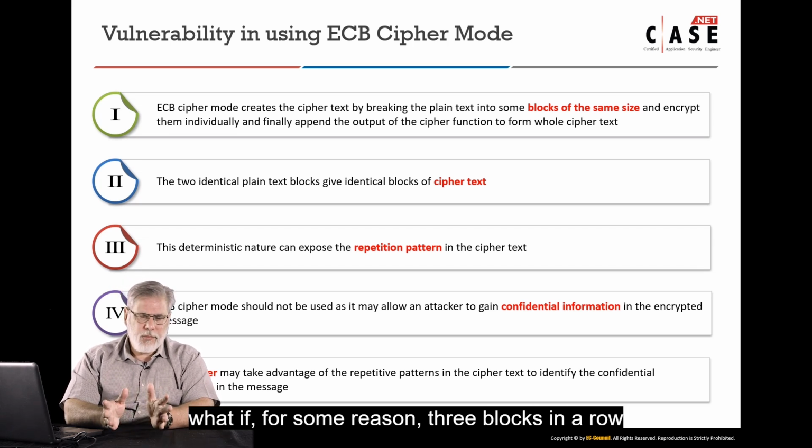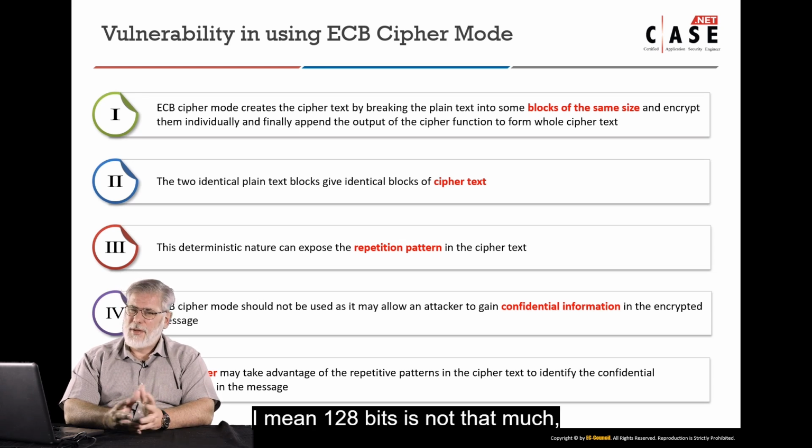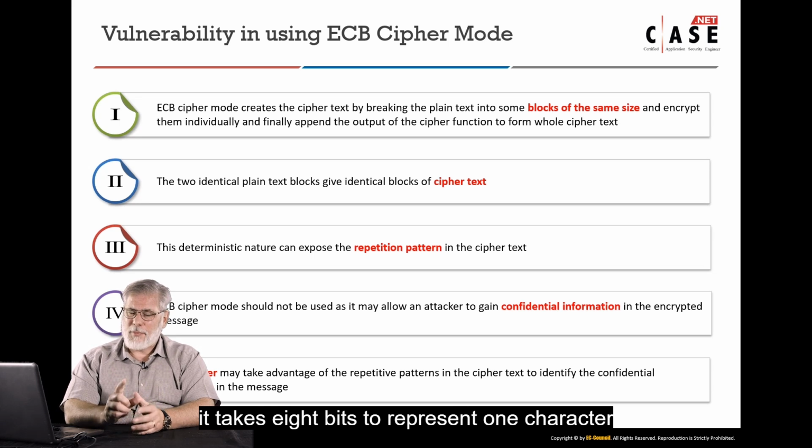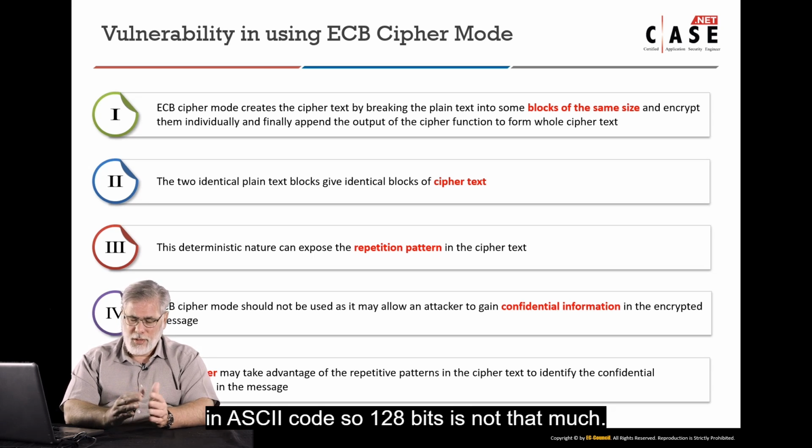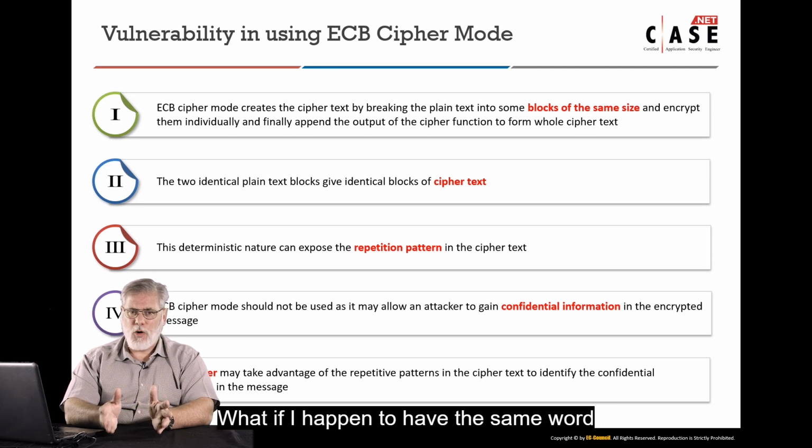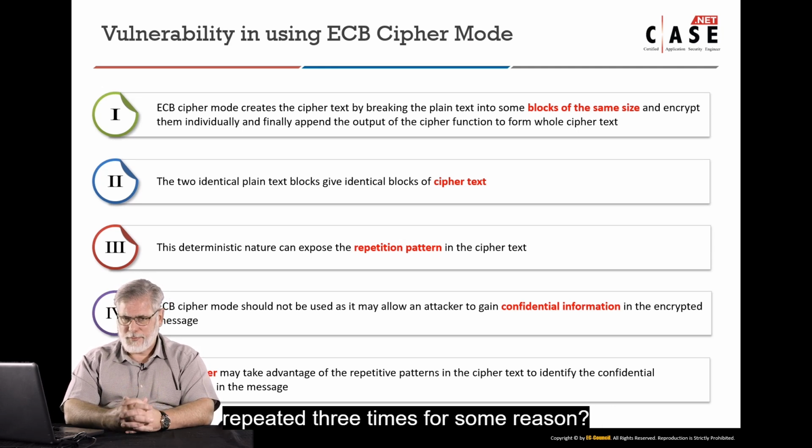What if, for some reason, 3 blocks in a row had the same text? I mean, 128 bits is not that much. It takes 8 bits to represent 1 character in ASCII code, so 128 bits is not that much. What if I happen to have the same word repeated 3 times for some reason?